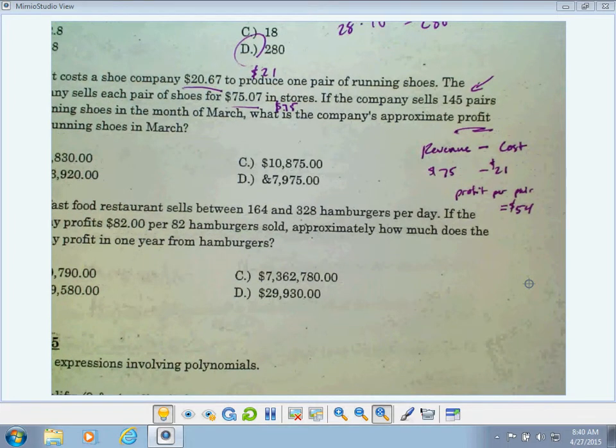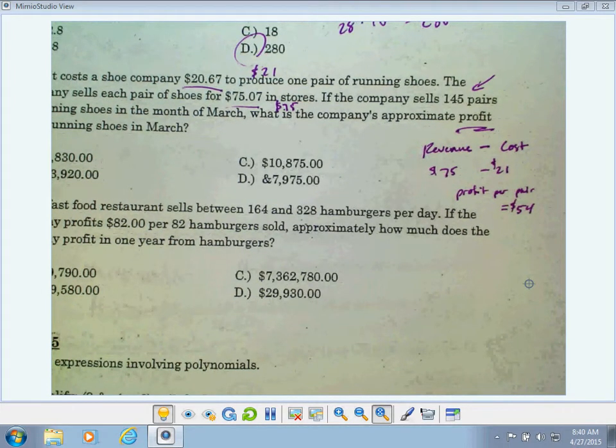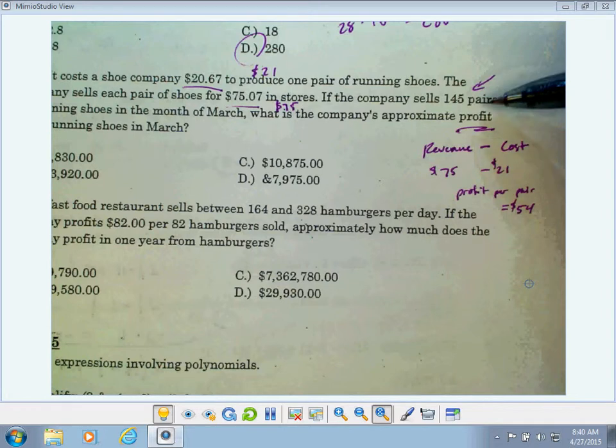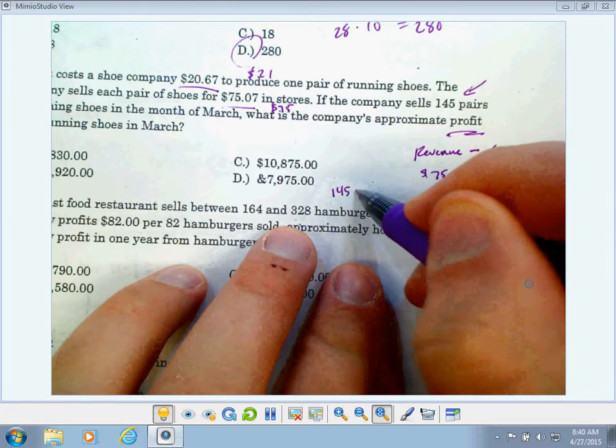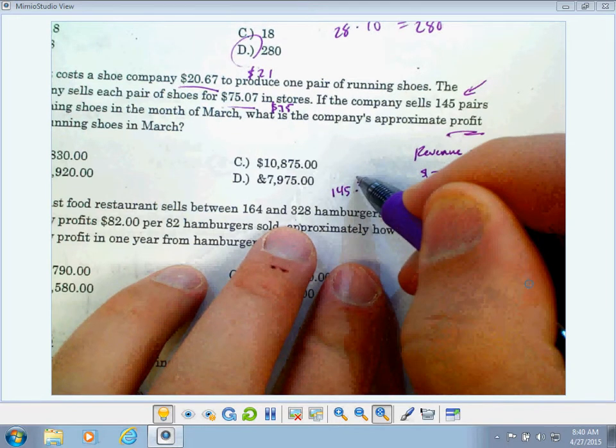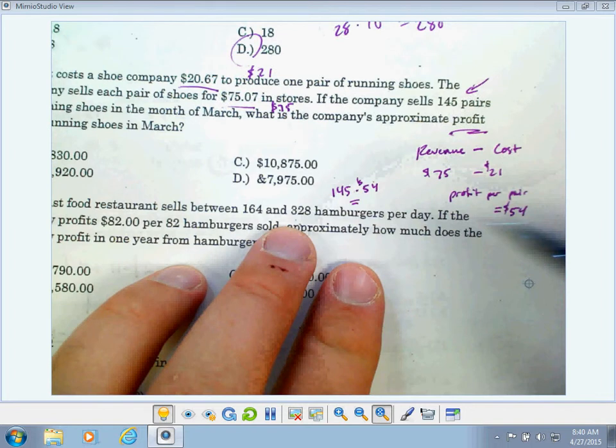So that means that if they sold 145 pairs and each one of them profits $54, then basically what we would do is take 145 times the $54, and that should give us our total for the month.